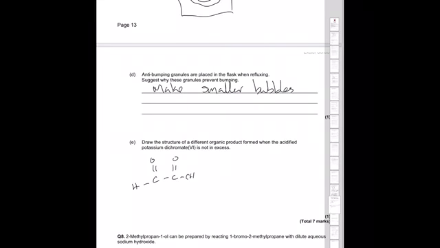So the first example here, the secondary alcohol goes into a ketone, but the primary alcohol only goes to an aldehyde. This example here, we've got an aldehyde forming from the primary alcohol, but the secondary alcohol never got oxidized to a ketone.